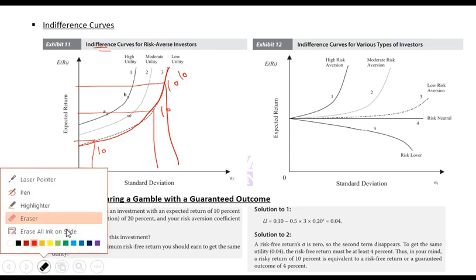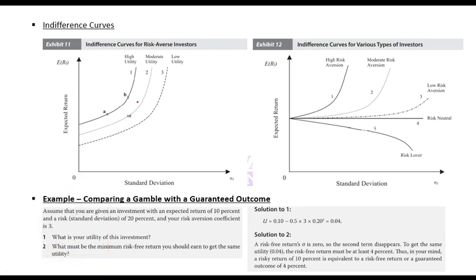Similarly, I can make another indifference curve with another utility. Let's say this is 10, this is 12. I can make another one, let's say with 15. So the higher the indifference curve, the higher is the utility. Throughout the indifference curve, utility is constant. So utility wouldn't change along the indifference curve, but would change if I shift the indifference curve.